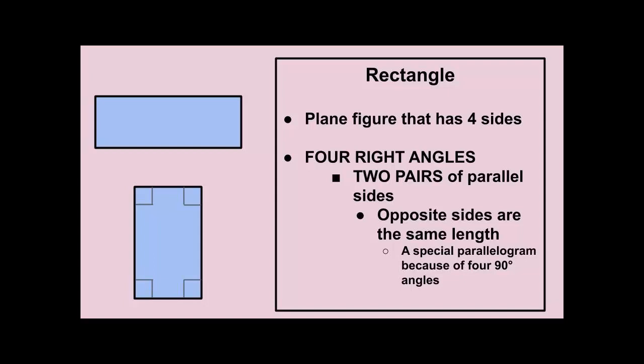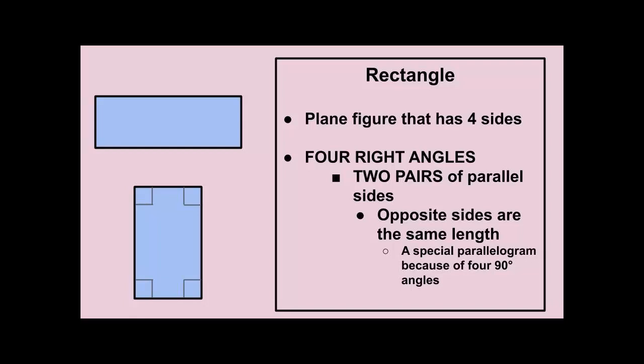Look at the bottom figure. You can see by those straight, squared lines in each corner that notes that they are 90-degree angles. So a rectangle must have 4 90-degree angles. If any two of those angles are less or greater than 90 degrees, it's no longer a rectangle.